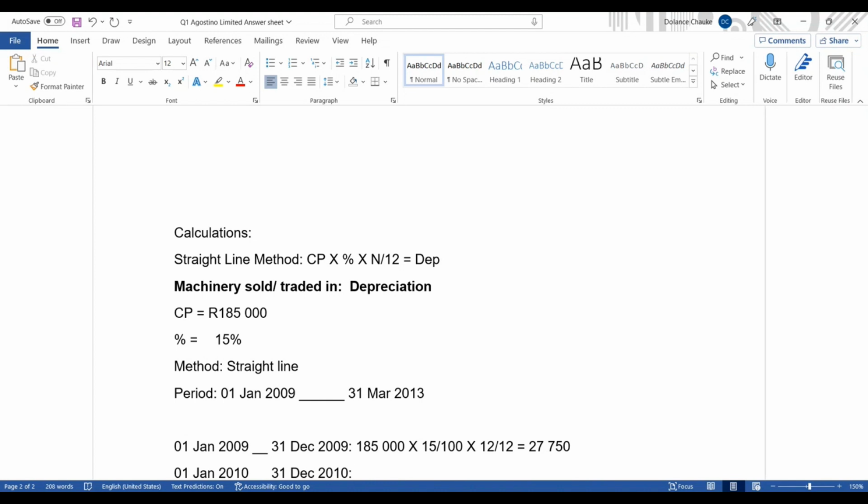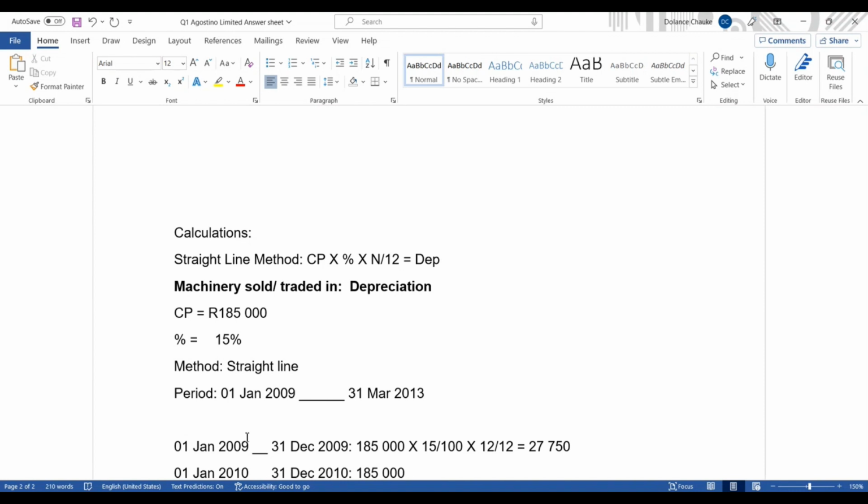For 2010, we're still going to follow the straight line method. It says cost price. How much is the cost price? 185,000. The cost price didn't change. It's still the same. And then we're going to multiply by the percentage. The percentage didn't change as well.